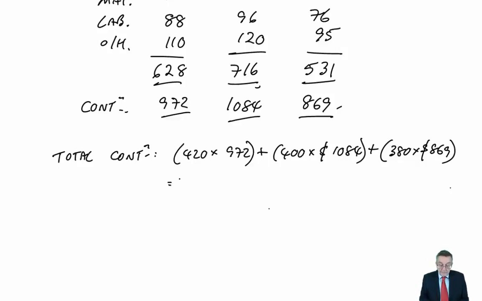So the total, and as so often it now becomes speed on your calculator, 400 times 1084, 380 times 869. I get 1,172,060.